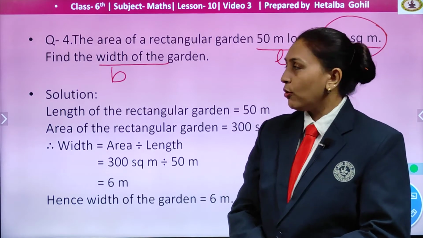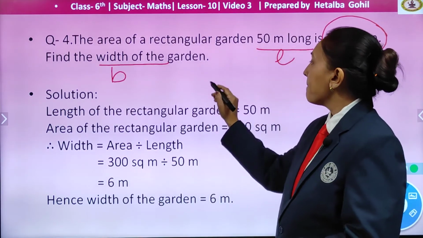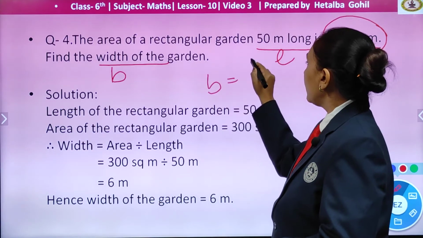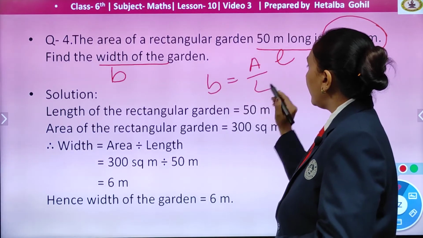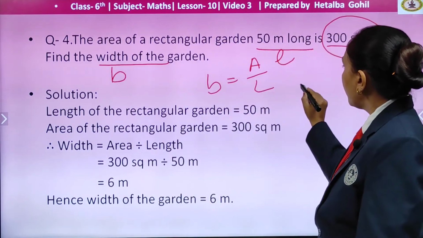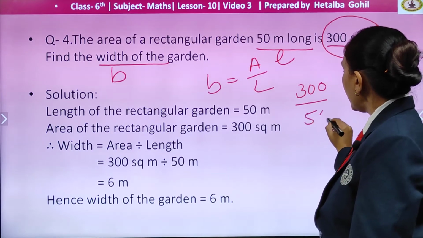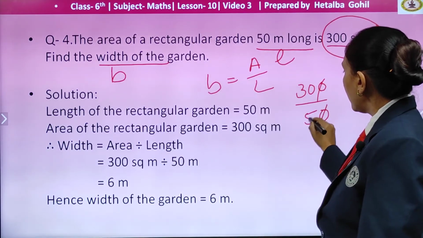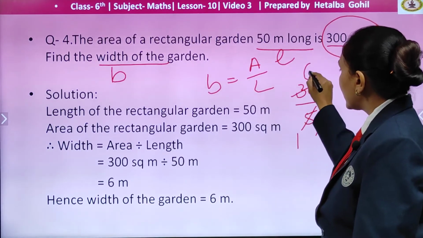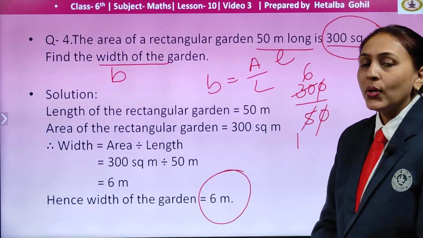Children, I told you in the first video, if you want to find the breadth, what is the formula? Area upon length. So you can see the area given to us is 300 divided by 50, 0, 0 cut, 5 ones are 5, 6 are. What you get here? The breadth is equal to 6 meter.